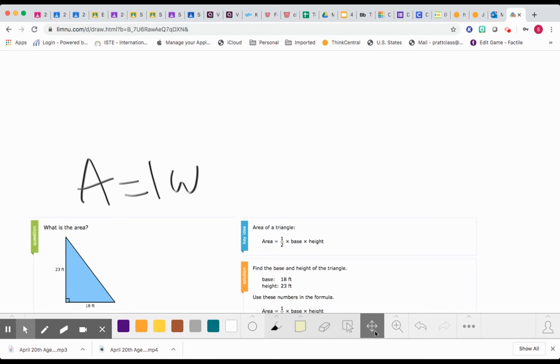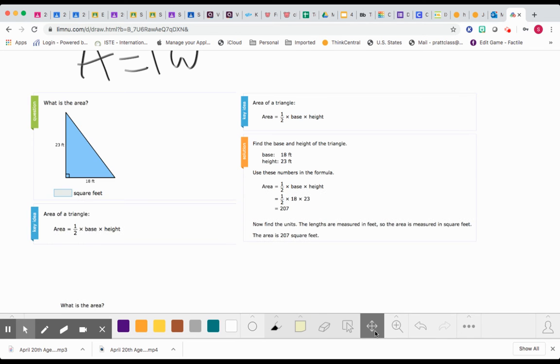But for a triangle, they changed the wording. So length is replaced by the word base. Base is basically the bottom part of your triangle. So wherever your triangle is resting is your base, okay?